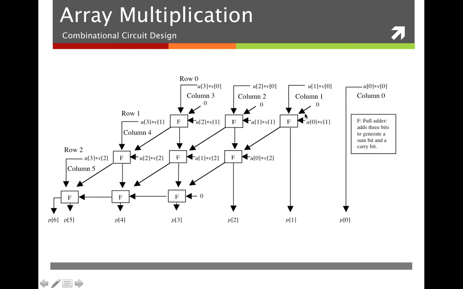And of course the carries initialize to 0, but after that the carries that are generated from these columns will have to go to the next place. And then the carries that get generated from this particular column must move to the next place.